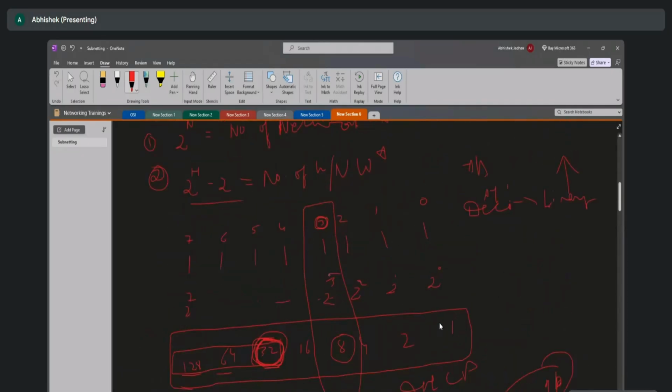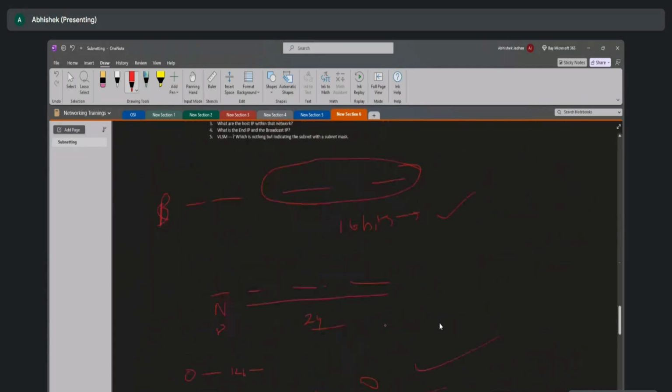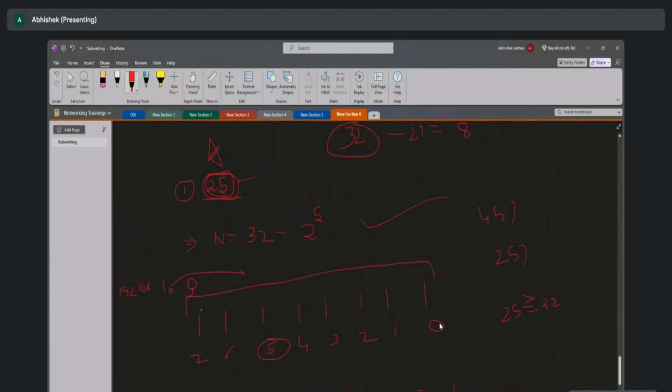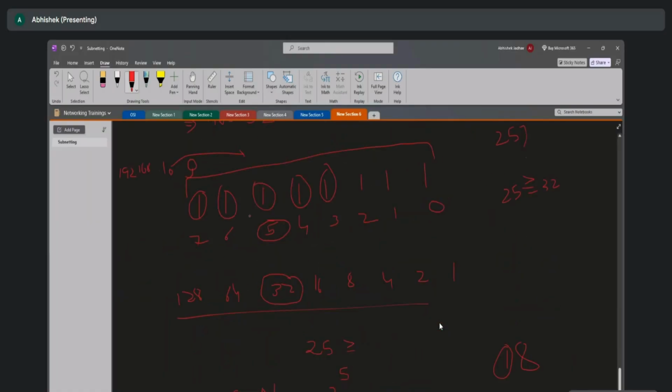We borrowed 3 network bits, and for VLSM in this particular format, we added this with this and this. From the left hand side, we calculate the bits we are borrowing. So if I show you in the diagram here, how many bits are we borrowing? We are borrowing this, this, this, as well as this. So 5 bits we have borrowed, and obviously this all is gone into the network portion.